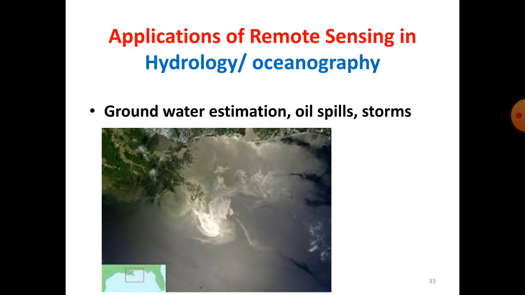Oceans and seas face a very big problem of oil spills. We know the ships keep on spilling oil, and that oil floats on the water, which disturbs the life of the sea.